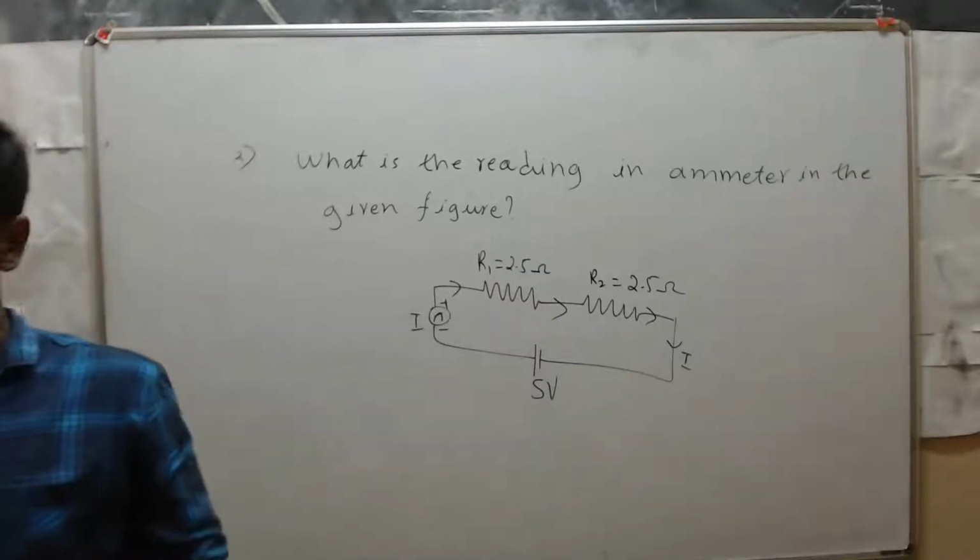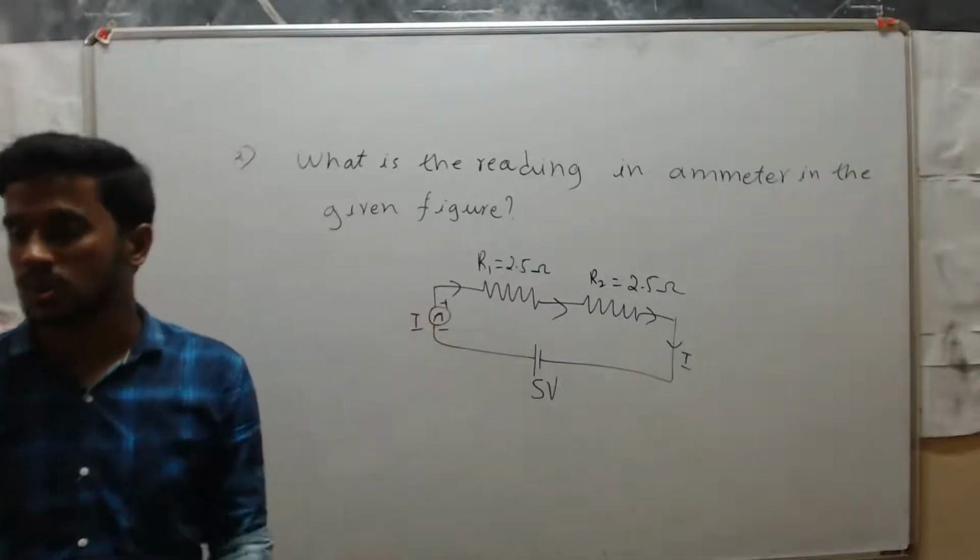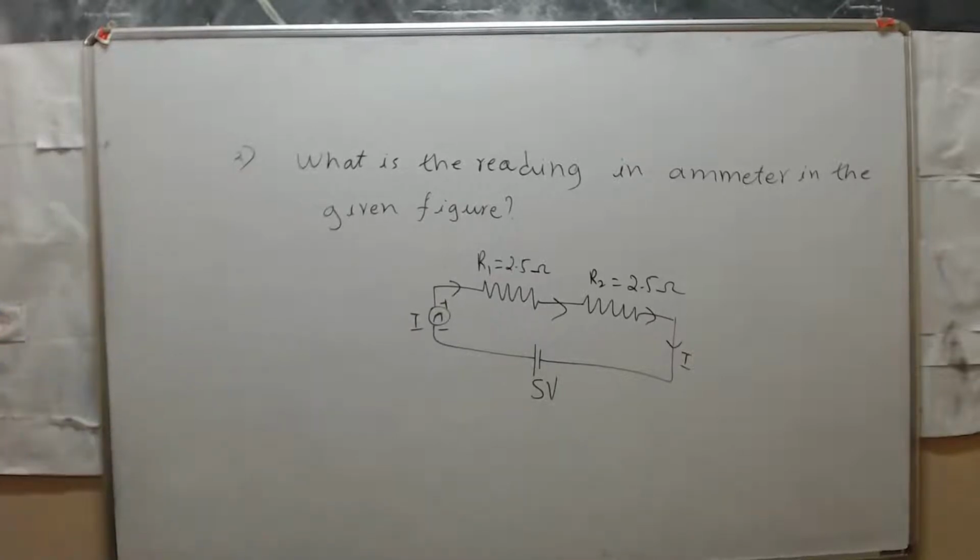First, tell me the answer for this question. Okay. What is the use of the ammeter? Quick, put it in the comment box. What is the use of ammeter, or why we need ammeter? I am waiting for your answer.